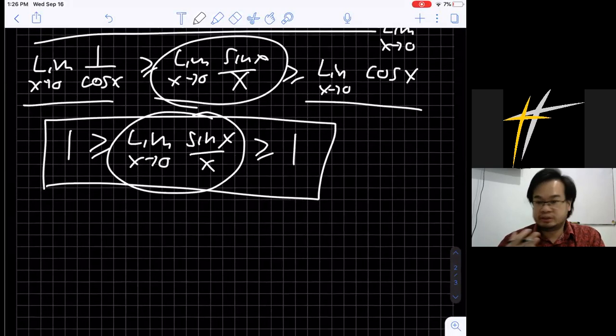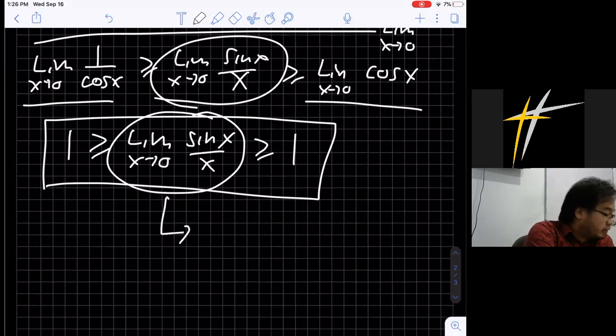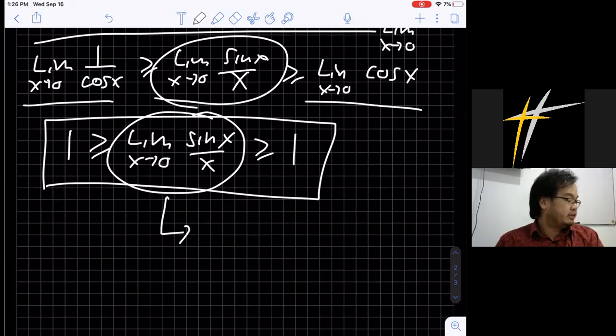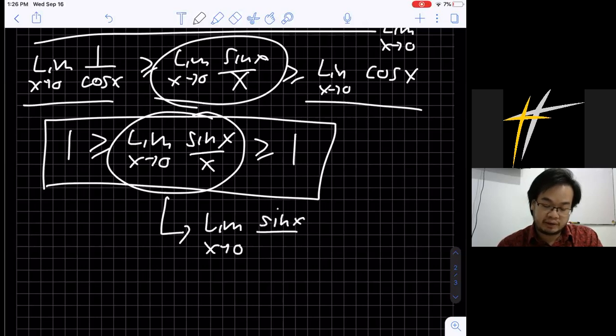Because it's in between the same number, 1 and 1, and it's inclusive, with an equal sign in the inequality. So we can conclude by the theorem called the squeeze theorem, on page 108 of your book. By the squeeze theorem, we can conclude that the limit of x approaching 0 of sine x over x is equal to 1.